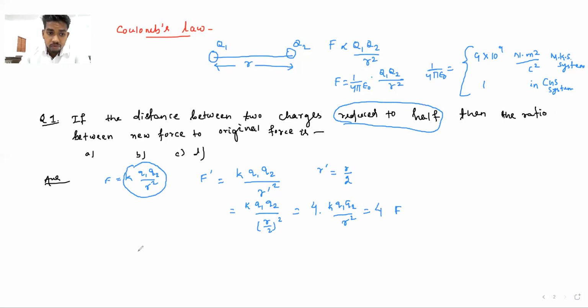So now the ratio between new force to original force: F prime by F. F prime is 4F, original force is F. So the ratio is 4 by 1. So like this you have to simplify. This is one type of numerical you can get in the exam.